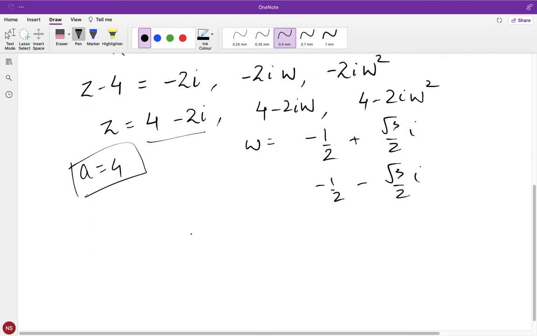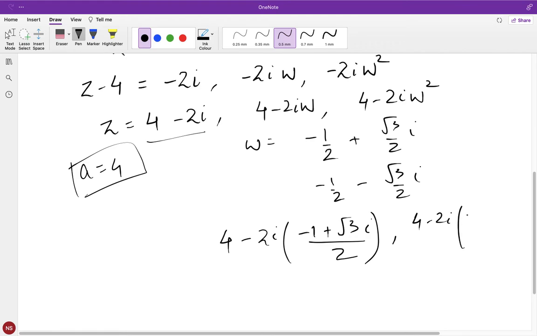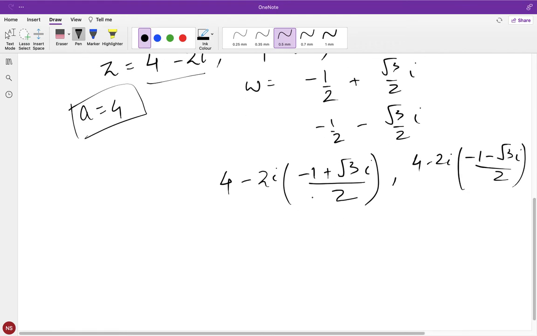So these two are 4 minus 2 iota times minus 1 plus root 3 iota by 2, and 4 minus 2 iota times minus 1 minus root 3 iota by 2. So 2 is cancelled.